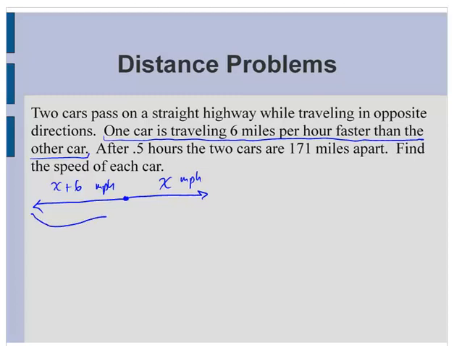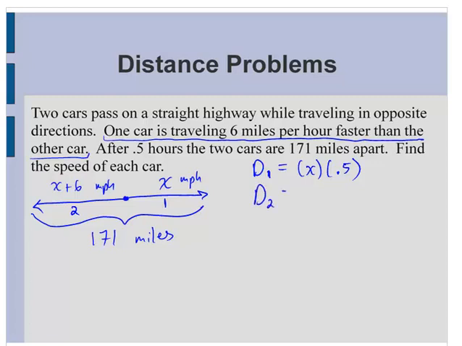Now we want this total distance to be 171 miles, after 0.5 hours. So the distance of the first car, let's call this 1, let's call this 2. The distance traveled by the first car would be its rate, x, multiplied by its time, 0.5 hours.